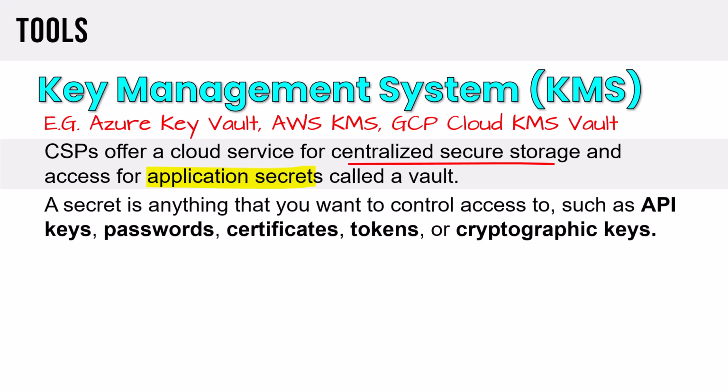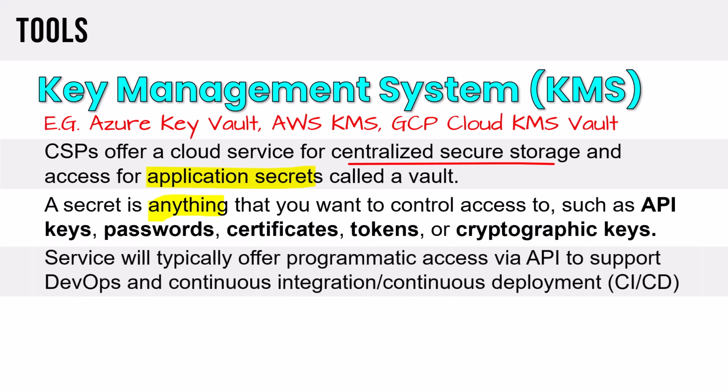In this case, a secret is anything that you want to control access to. It could be API keys, passwords, certificates, tokens, or cryptographic keys. The service will typically offer programmatic access via API to support DevOps and the CI/CD process.